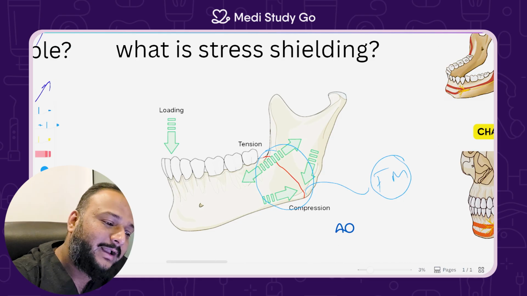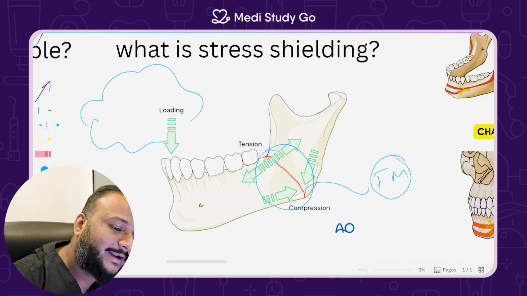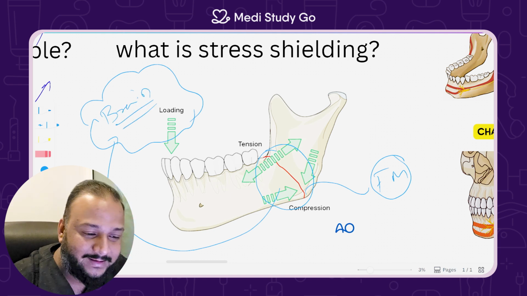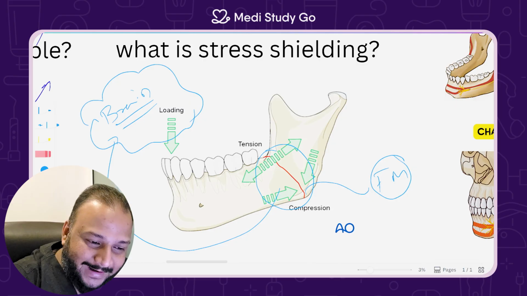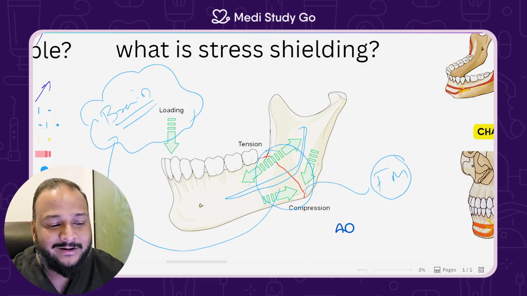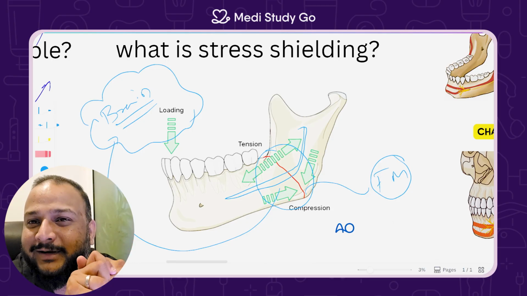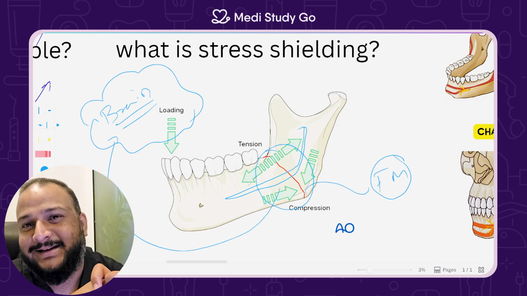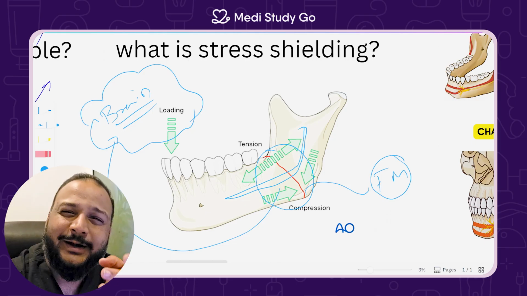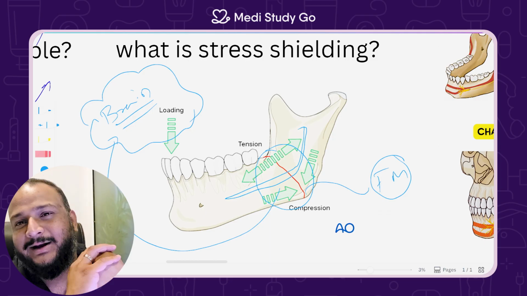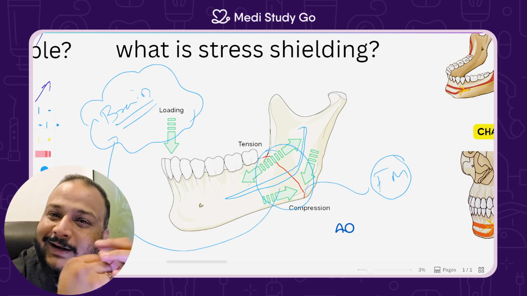Now a signal arises from the functional matrix of the mandible and goes to the actual brain: okay, we were fractured, but a maxillofacial surgeon came and put a very strong plate over here which is counteracting the forces from muscles of mastication as well as the occlusion. So we don't need any extra bone for extra strength over here. Whatever extra bone you have sent for our help, you can take it back.